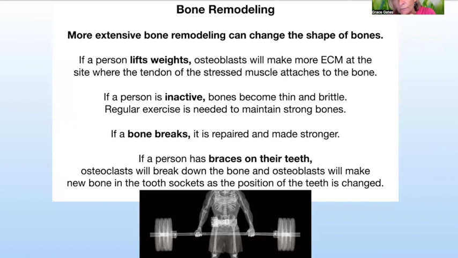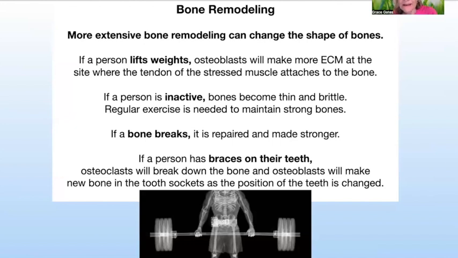So the large muscles were tearing off of the bones because not enough extracellular matrix had been laid down where the tendon of the muscle was attaching to the bone. So that was just one of the reasons that they were trying to discourage people from taking testosterone.